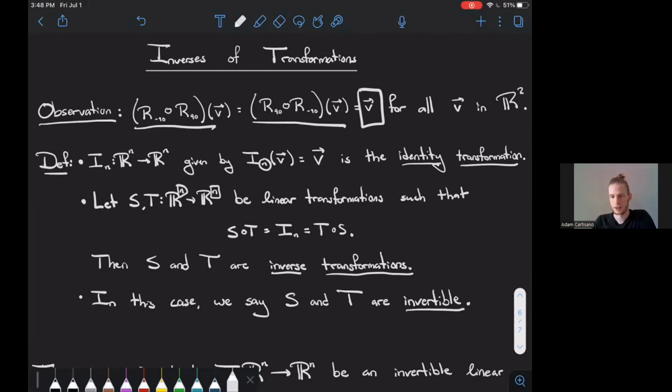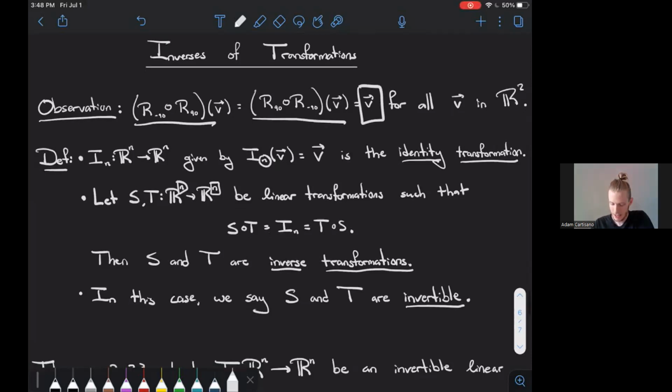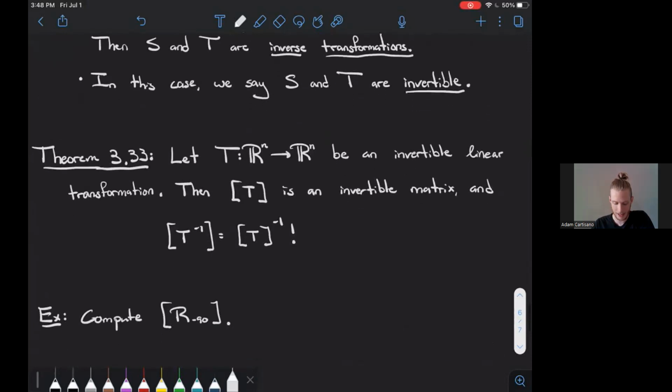Now you might think, hey, there's got to be a relationship between these and inverse matrices. Yeah, that's our last theorem, which is: let T going from Rn to Rn be an invertible linear transformation, then the standard matrix for T is an invertible matrix, and the standard matrix for the inverse transformation is the inverse of the standard matrix for the transformation.